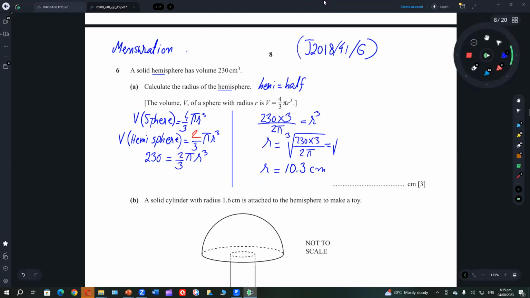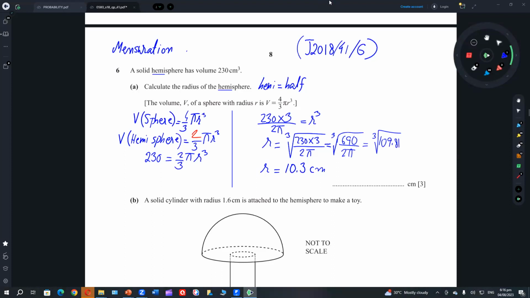And let me show you the step. Please copy with me. This is what I'm getting, okay?